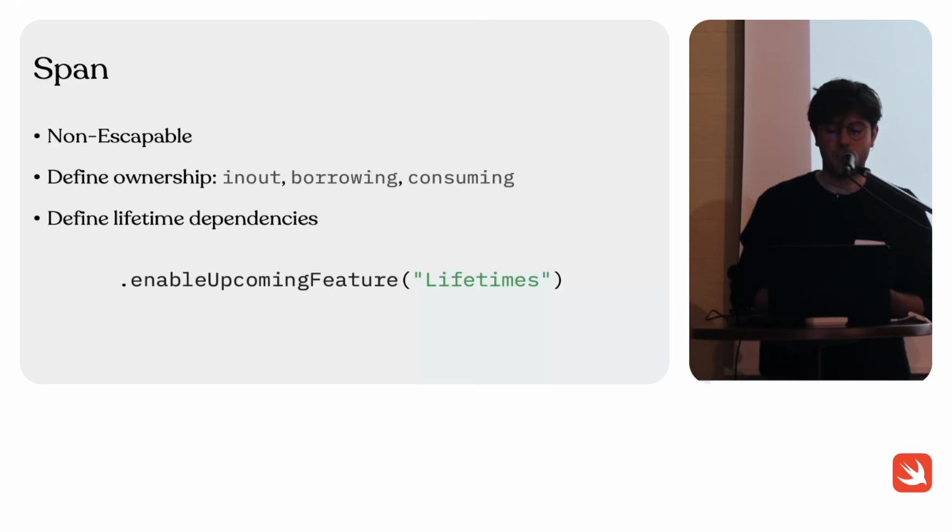Passing them around requires extra work compared to normal values, like defining ownership, so whether they're inout, borrowing, or consuming. Inout basically means you want to mutate the value and then reuse it afterwards. Borrowing is a read-only version of the data, and consuming mutates it without having to use it afterwards. We also want to define lifetime dependencies, which is what this flag is all about.